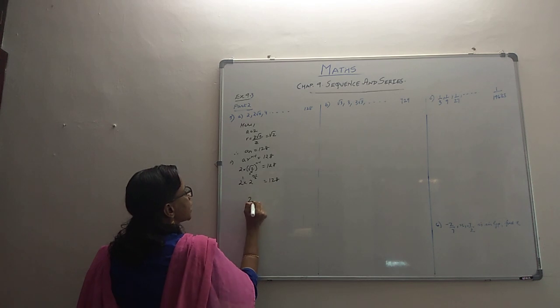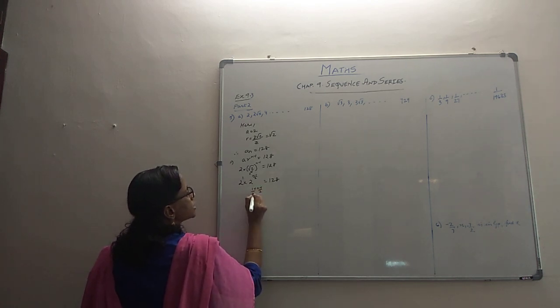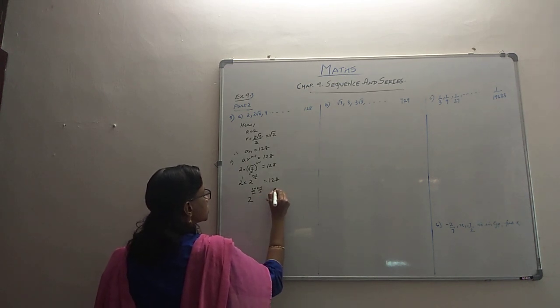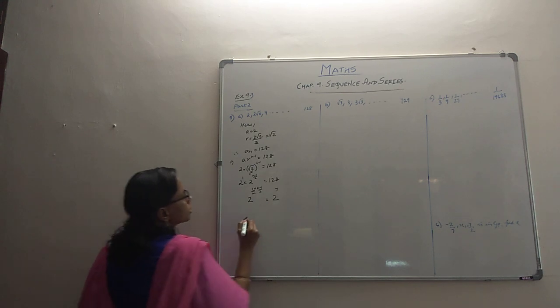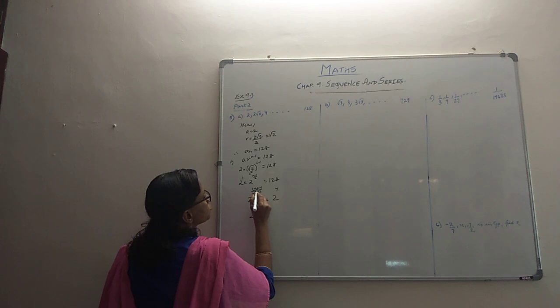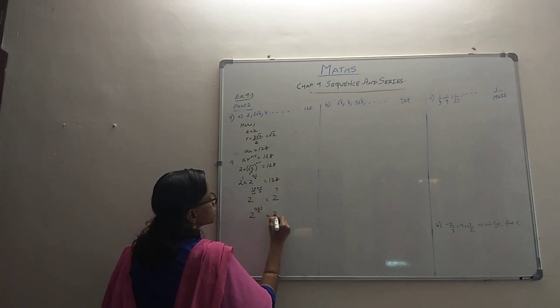Because the bases are the same, we can add up the powers. So 1 plus n minus 1 by 2 when we equalize, and this we all know is 2 raised to 7. So on simplifying, it is 2 raised to 2 plus n minus 1, so it is n plus 1 by 2 equal to 2 raised to 7.